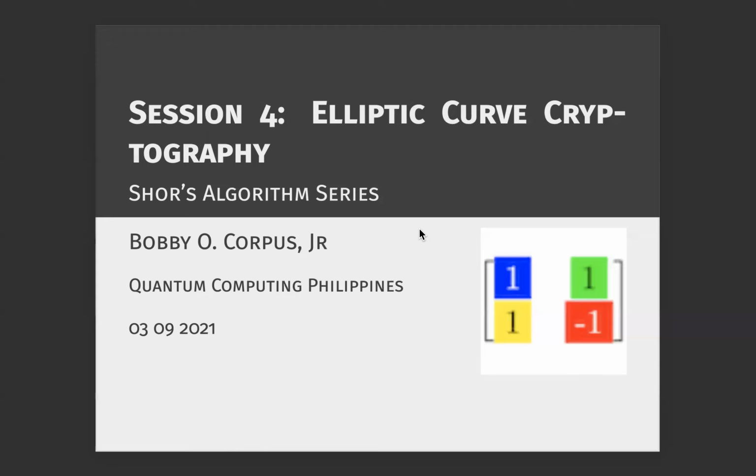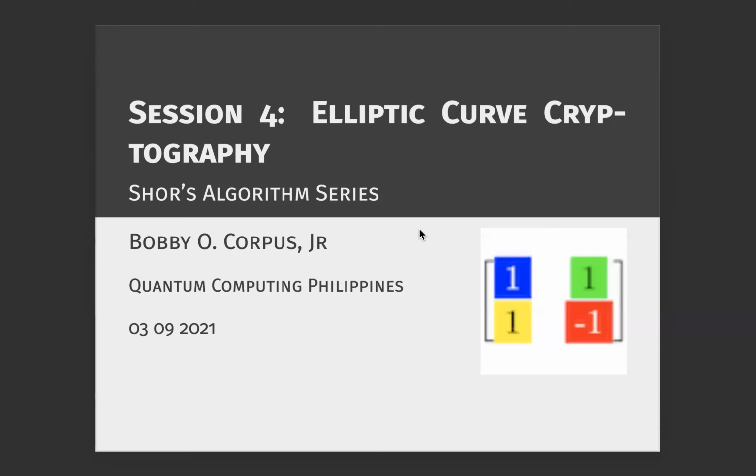Because of that, it's amenable to being attacked by a quantum computer. So in this particular session, we will first focus on what elliptic curve cryptography is. This is an interesting topic in itself.